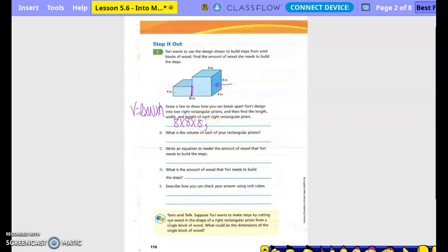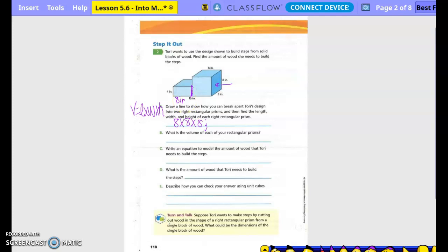Okay, so now we kind of need to find box 2, right? Okay. So if this whole thing is 16 and we took out a piece that's 8 inches, what would this other piece be then? 8 inches, right?